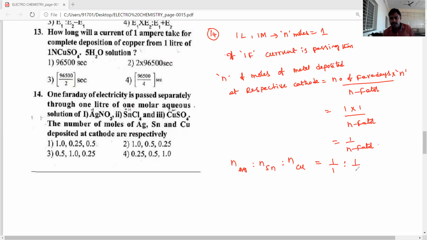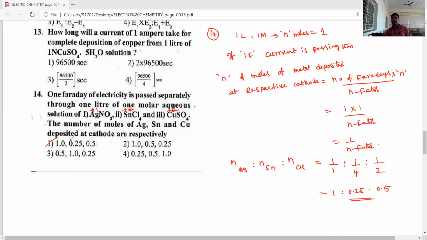What is the n factor of tin? Plus 4. Silver is plus 1, the tin oxidation state is plus 4 and the copper oxidation state is plus 2. Then 1 by copper n factor is 2. What is the ratio? 1 is to 0.25 is to 0.5. Then the answer is 1 is to 0.25 is to 0.5. The first option is correct.